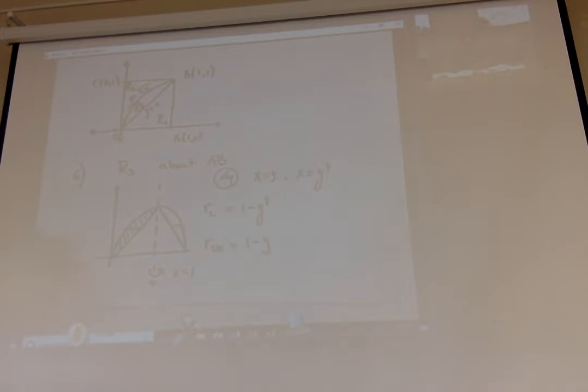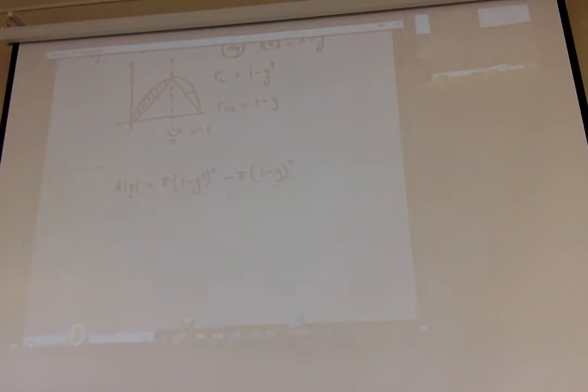Now we just have to set up A of y. So A of y: first the area of the largest circle, the one that's kind of hidden, the disc and washer here inside. So we have pi times 1 minus y to the 4th quantity squared. That's the area of the larger one. Minus pi times 1 minus y quantity squared. That's the area of the smaller one.